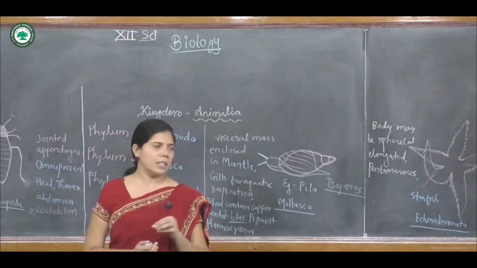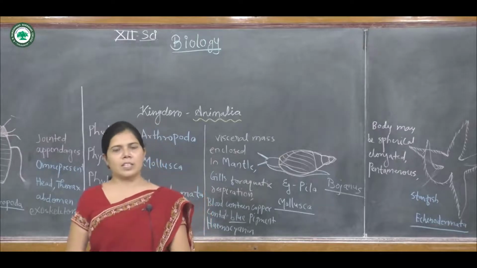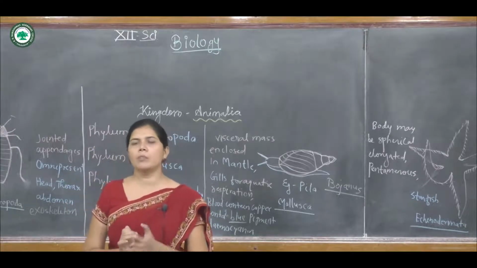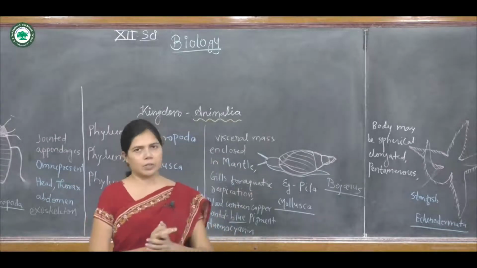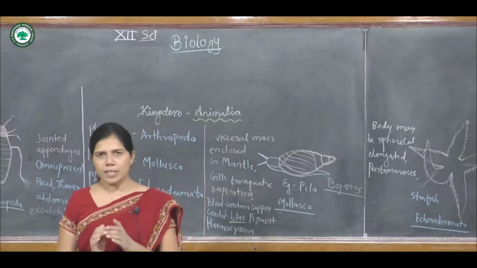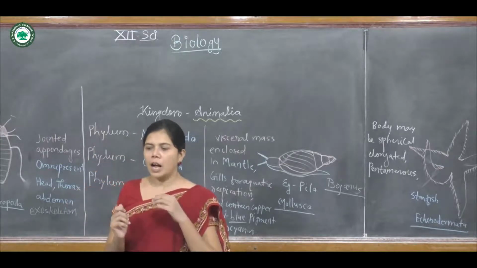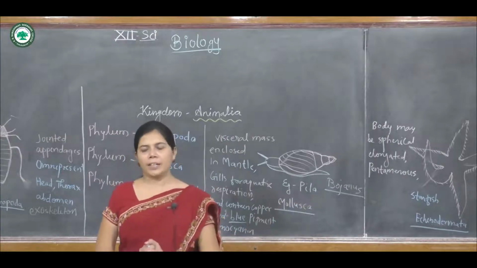The mouth is ventrally present, known as the oral surface. The nervous system is simple, with a nerve ring around the mouth, and radial nerves are present in the arms of the animals.